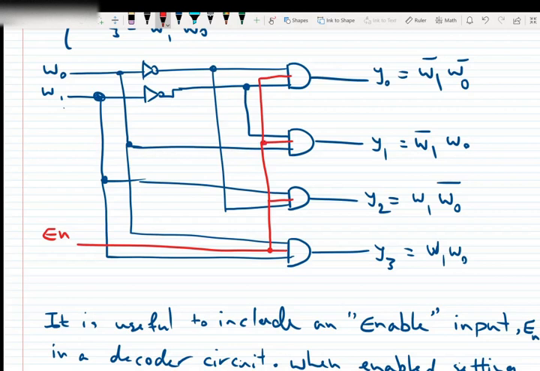So now you see that as long as enable is 0, all the outputs are equal to 0 because there are three-input AND gates and one of the inputs, which is enable, is equal to 0. If the enable is 1, so these red inputs are 1 and the decoder behaves as presented.